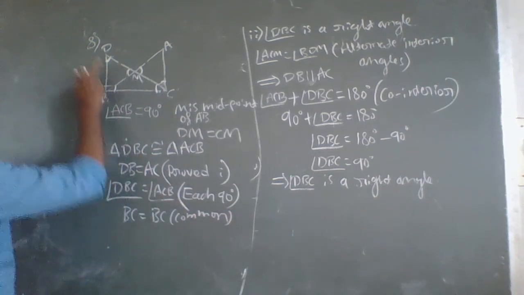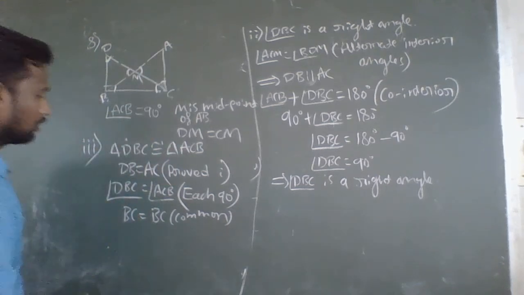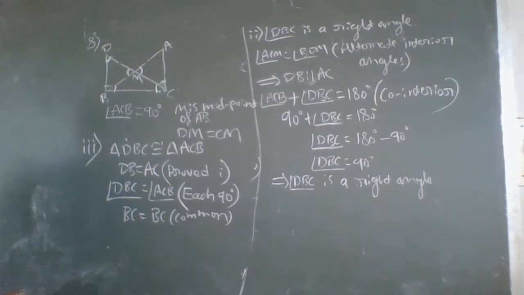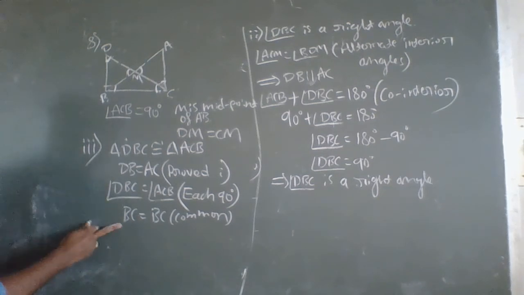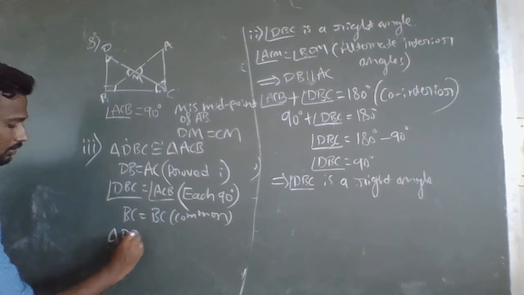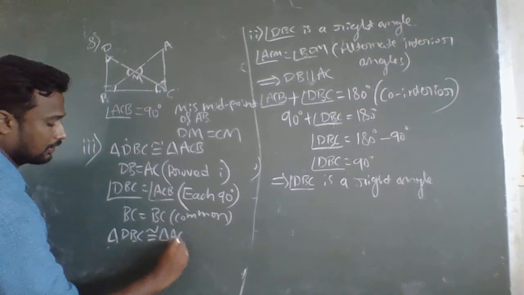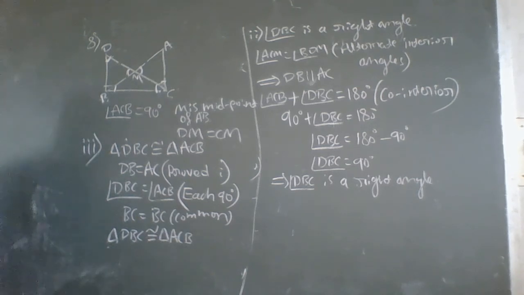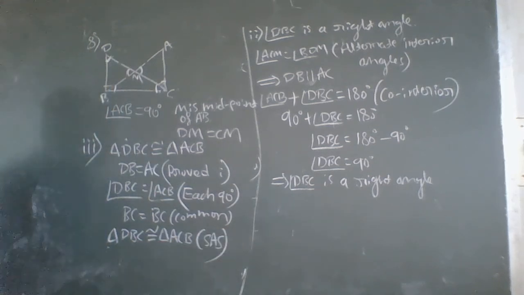Therefore, this is side angle side. You can write triangle DBC is congruent to triangle ACB by side angle side, SAS. So this is the third one.